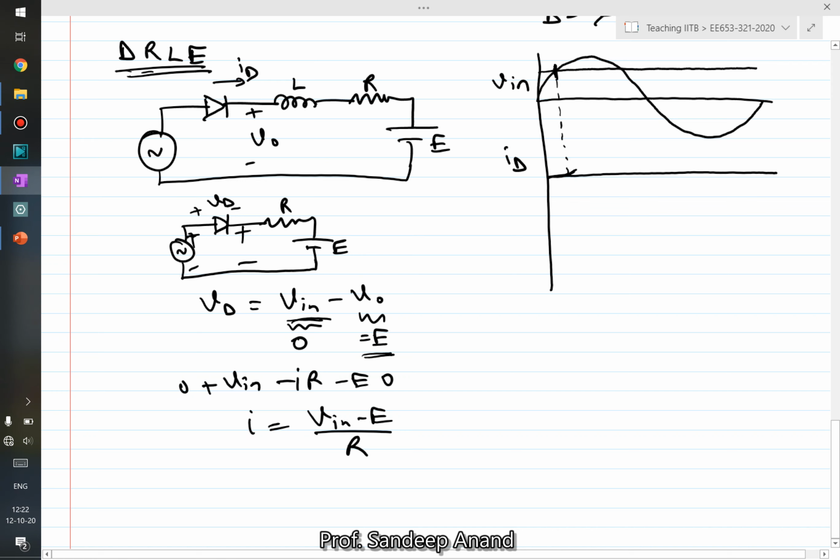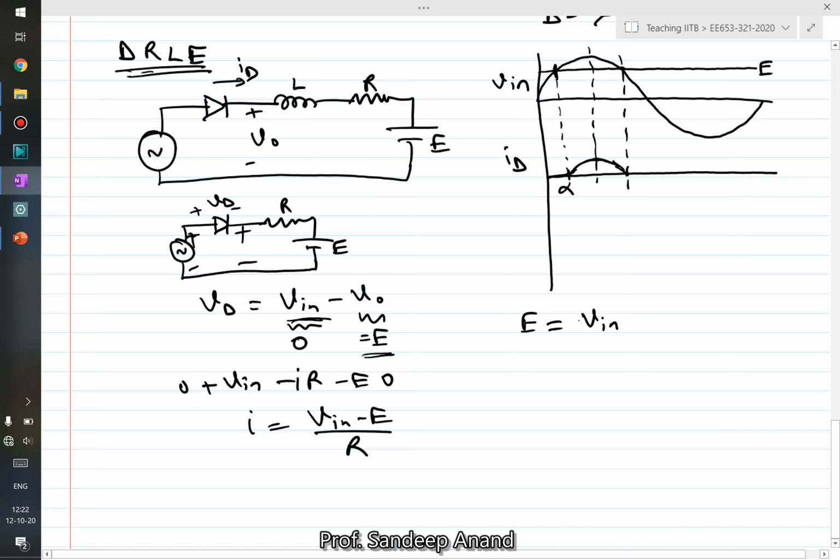So the current would also be similar to this. Current will become 0 at the second intersection point. What are these intersection points? Let me call this the start of the conduction, alpha. So what is alpha? Alpha is where E becomes equal to Vin.